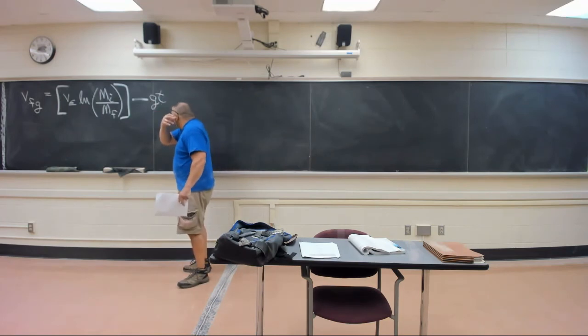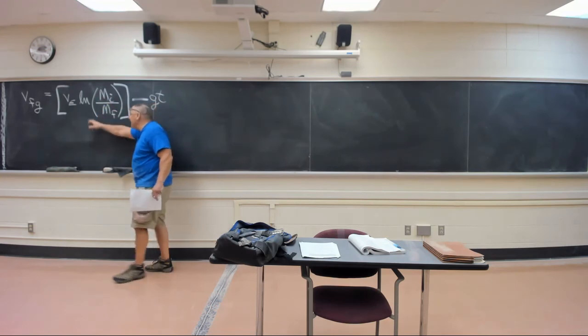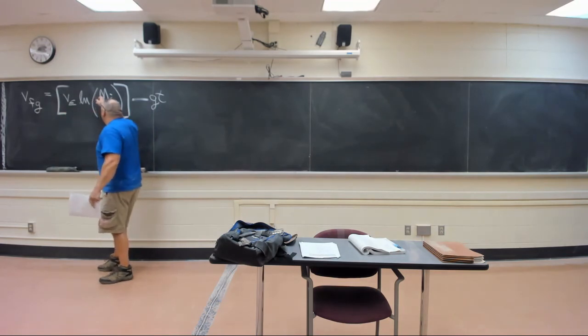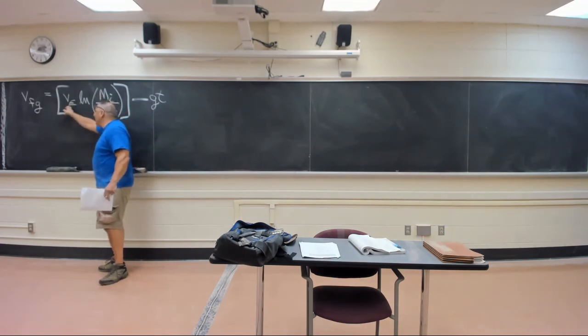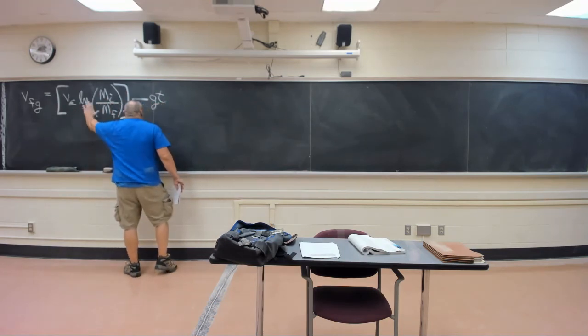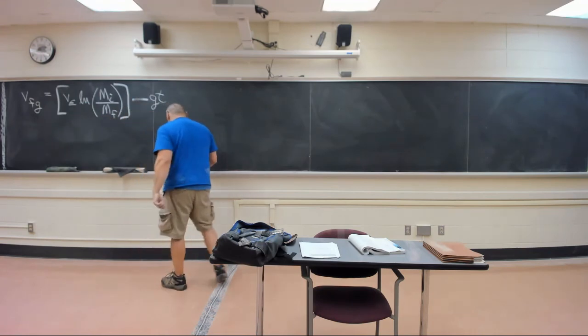You get it, guys? We took 100,000 kilograms initially, got down to 10,000 kilograms, divided, you got 10. ln 10 multiplied with 4,500, and you get 10,400 meters per second, minus 9.8 times 240.